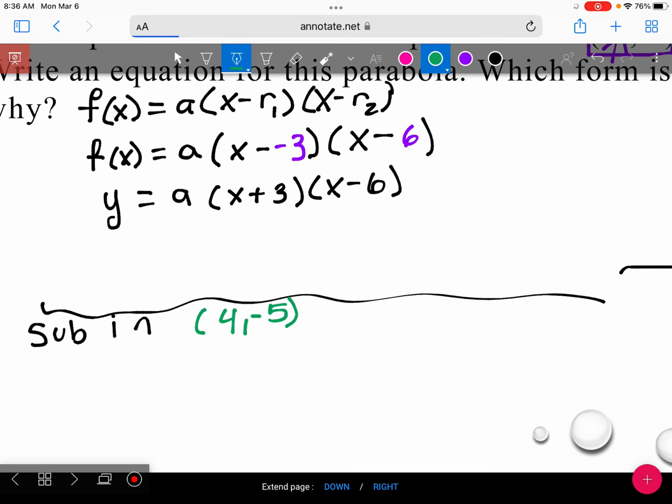So my y is -5. So -5 equals whatever a is. And that 4 goes in place of both x's. So we're going to have 4 plus 3 and 4 minus 6. I'm good at writing.